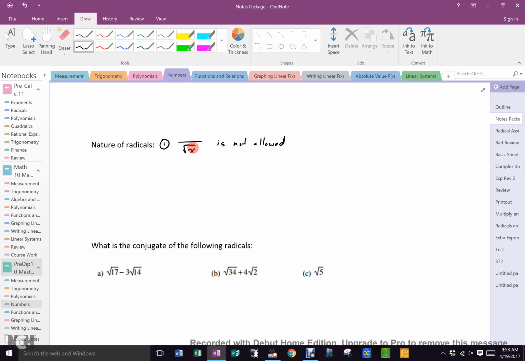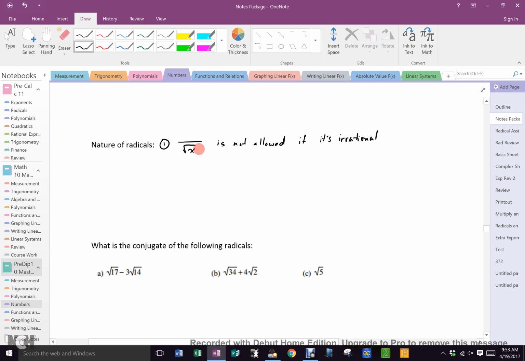Could you ever stop dividing it if you left it as a decimal? No, you could never stop dividing it, could you? So this is no good. Okay? Radicals in the denominator are not allowed if it's irrational. So that is not okay.